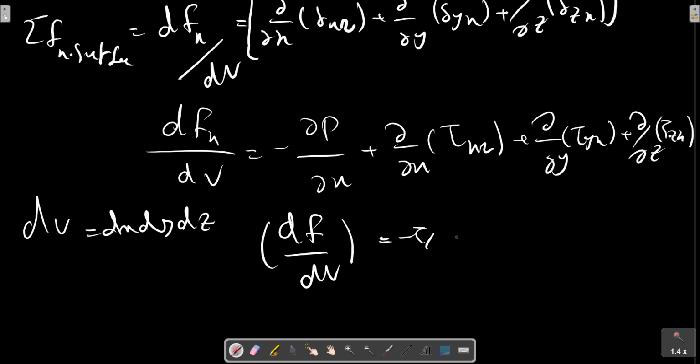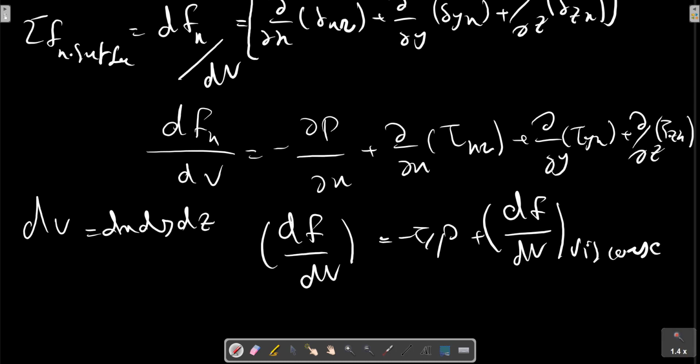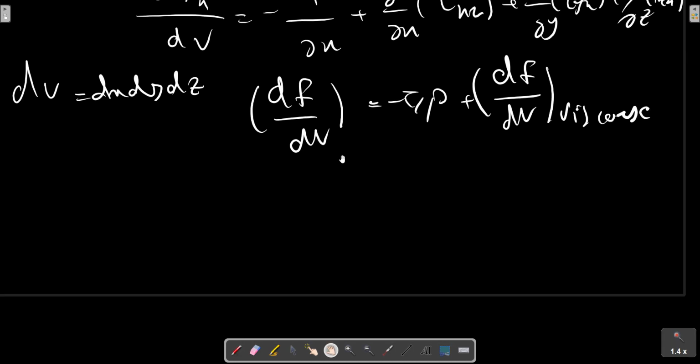Viscous forces on the element. We make an equality between this relation and the relation from the Reynolds transport theorem.